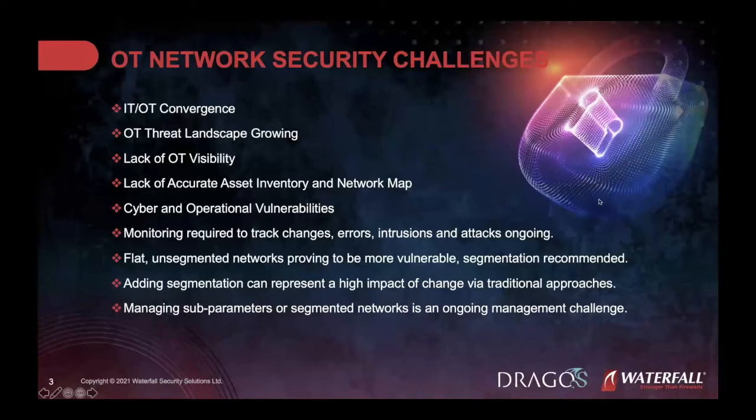Compounding the issue is a lack of visibility. And this lack of visibility inhibits the ability to produce an accurate asset inventory and network map as well. And that's really where you begin to strategize on how you're going to understand your cyber and operational vulnerabilities. And it's a challenge when you don't have that starting point.